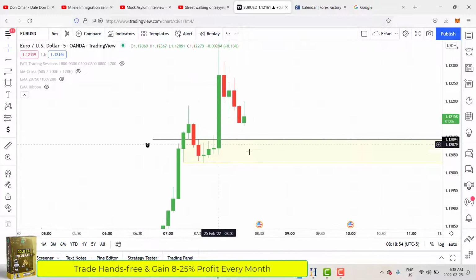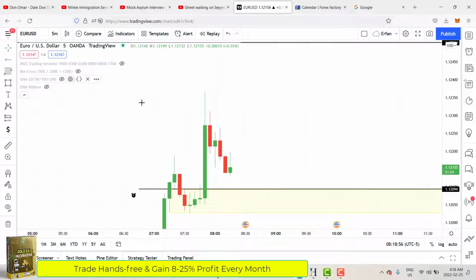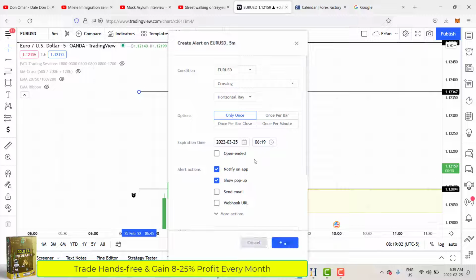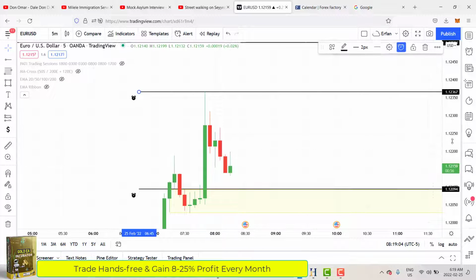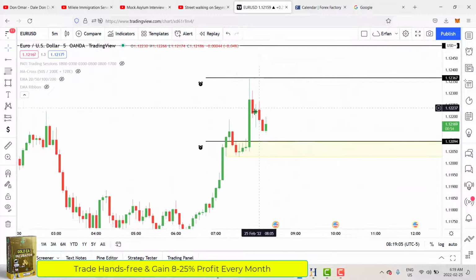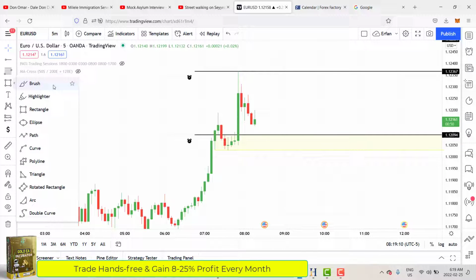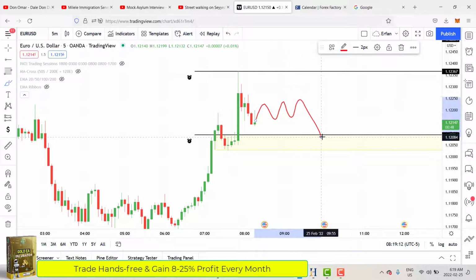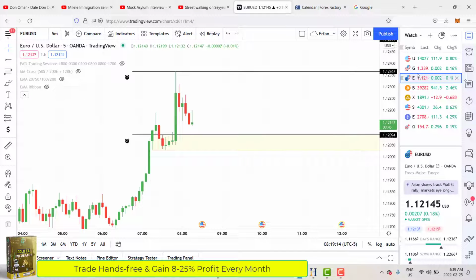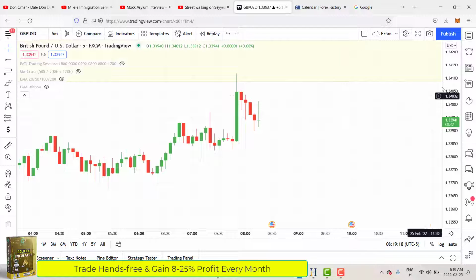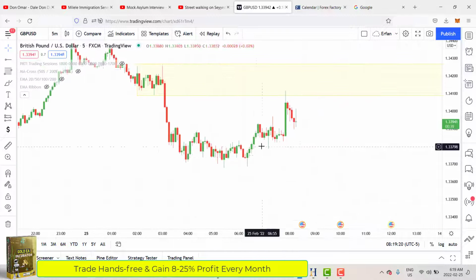But since we have this high probability order block here, this is our priority, or I'm going to just put it here to see which one is going to get tapped into more. It didn't make sense to put it here because it's on a 5-minute time frame, but the high probability order block is in a 15-minute time frame, so it might move a little bit like this and then tap into this level. So GBPUSD, yeah, GBPUSD is a good one to be honest with you.